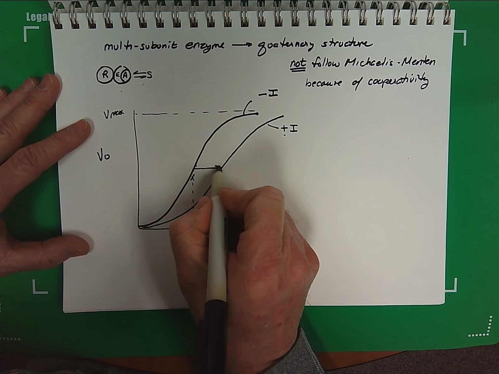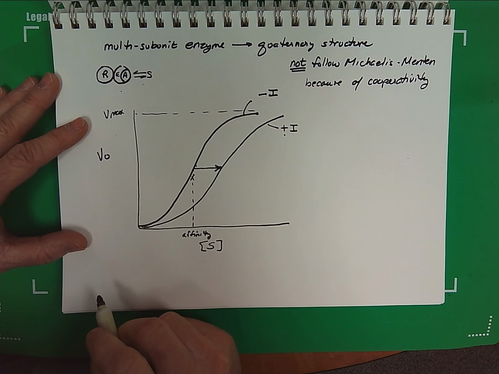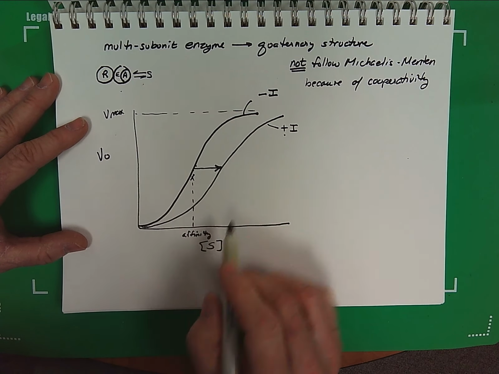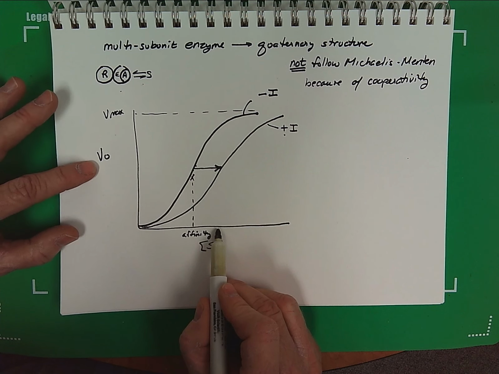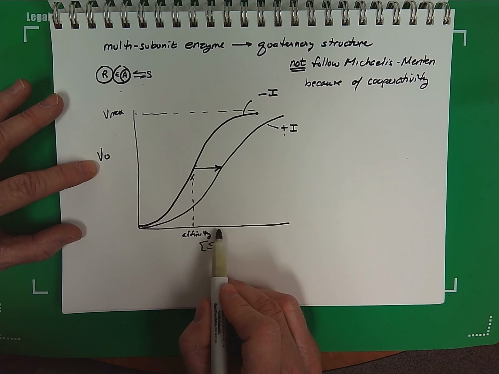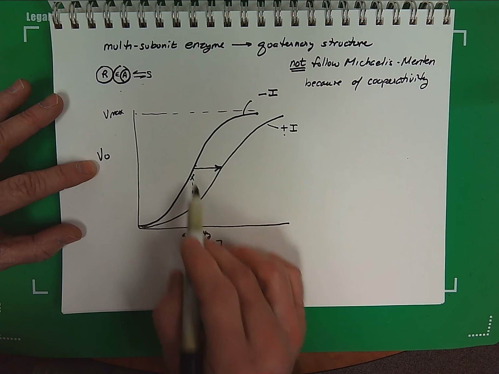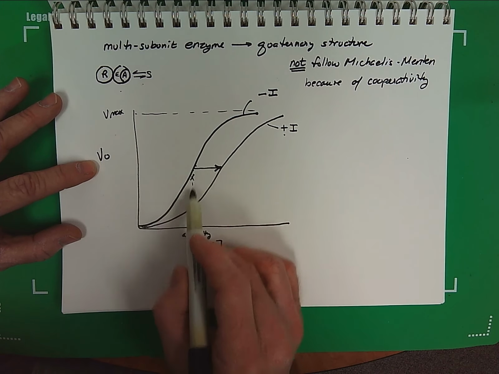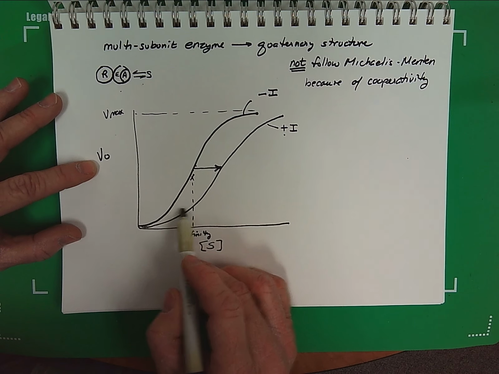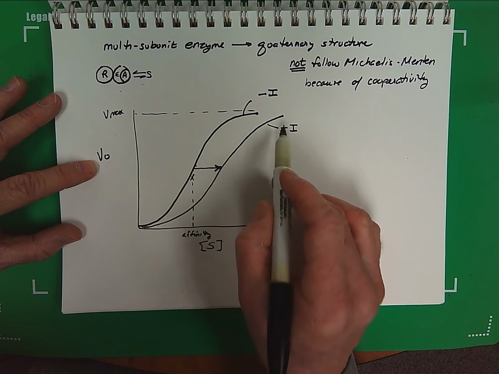We've shifted this curve to the right. So that means it's going to take more substrate to achieve the same level of velocity. The other way to look at it is if this is the same amount of substrate that gave this much activity, now the same amount of substrate gives a much lower amount of activity. It's been inhibited.